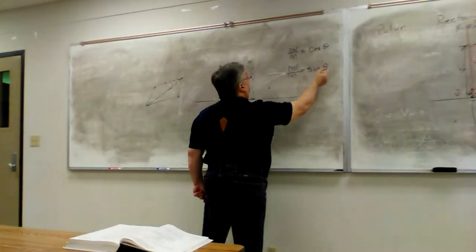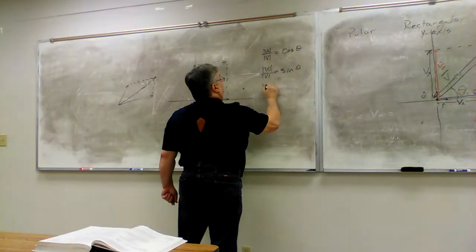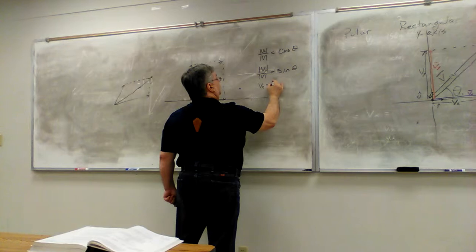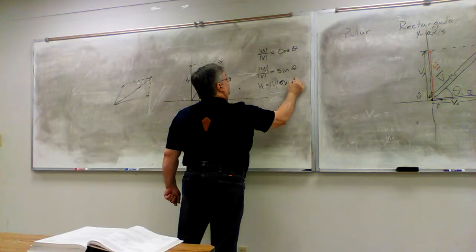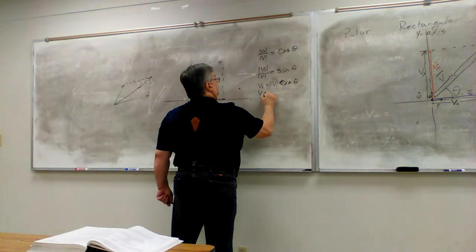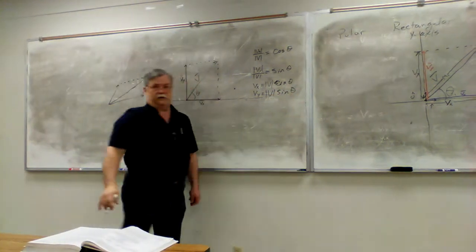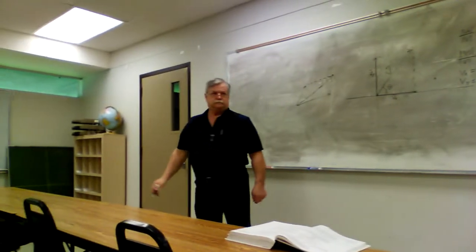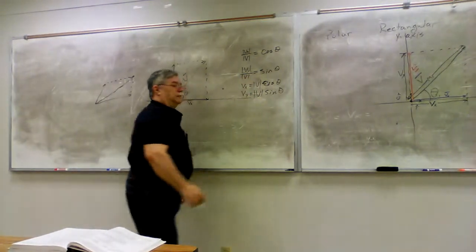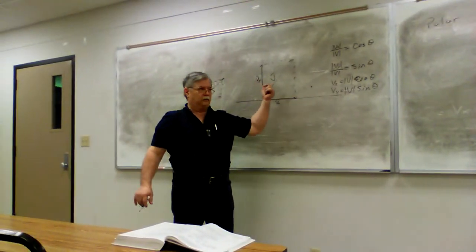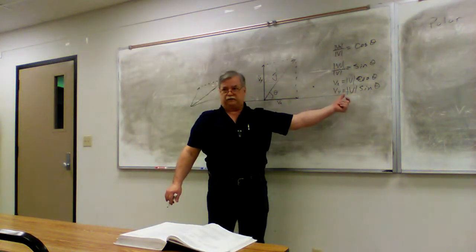From this, we can multiply both sides by the magnitude V, and we get the length V sub x is equal to the magnitude of V times the cosine of theta. And similarly, V sub y is the magnitude of V times the sine of the angle theta. And this is how we break down a polar representation of a vector into its rectangular components.